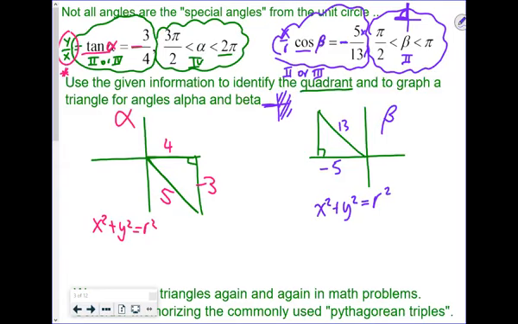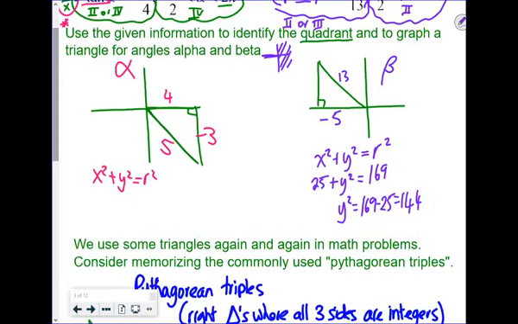So your x is negative 5, square that. 25 plus y squared equals 13 squared, which is 169. Y squared equals 169 minus 25, which equals 144. Now be careful. I need to change this question. I really need to change this question.